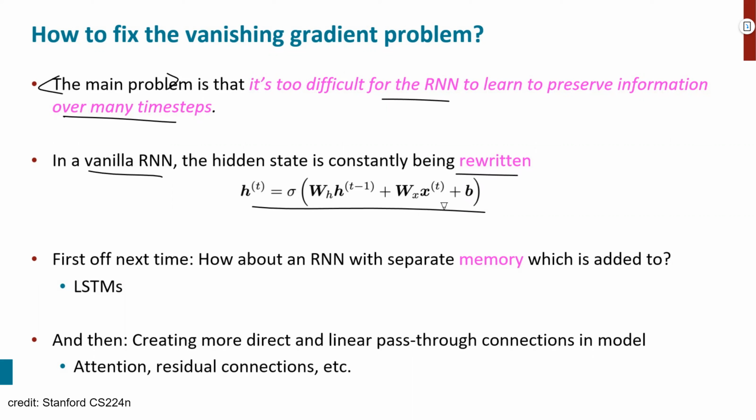Then one idea to solve this problem is, how about an RNN with separate memory? Then this RNN model can store some important information in this cell and constantly update with new information using the hidden state. And that is the first approach. And another approach is using attention or residual connections, etc.